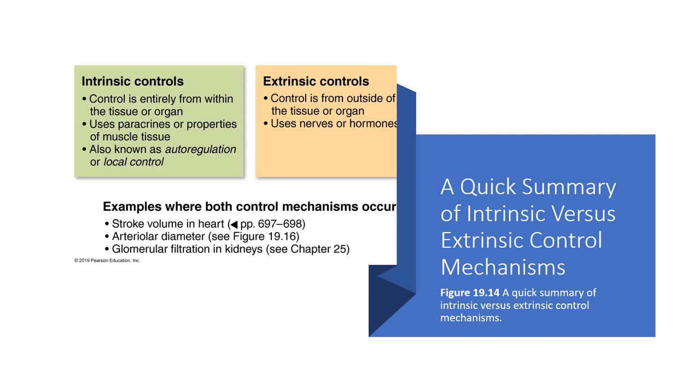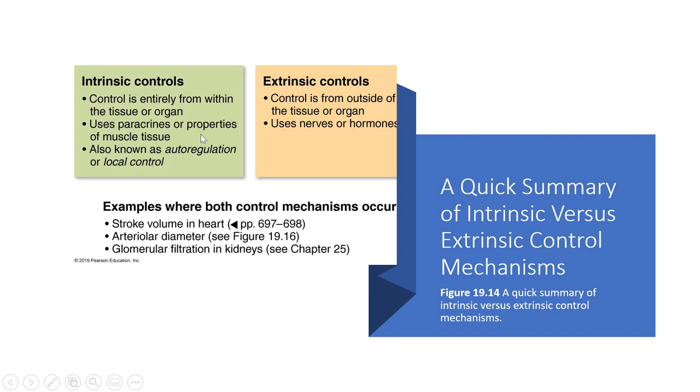So here, this is a good diagram that you can use to review the differences. You could compare and contrast the extrinsic and intrinsic control. Okay, and here it's showing that the intrinsic control comes entirely from within the tissue or the organ. These would use local hormones, paracrines, or properties of the muscle tissues.